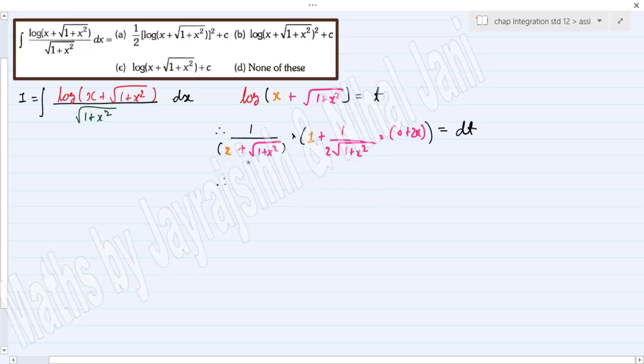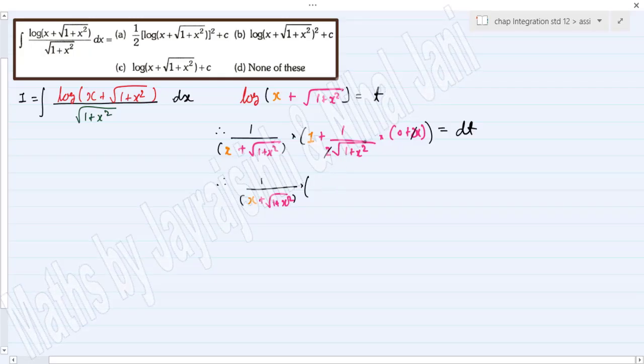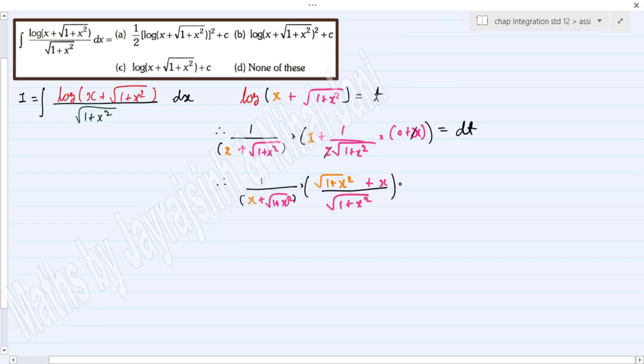So in simplification, your first term will be as it is, and in second bracket 2 will cancel out, and we can take LCM of under root of 1 plus x square. So it will give us (under root of 1 plus x square plus x) upon under root of 1 plus x square dot dx is equal to dt.